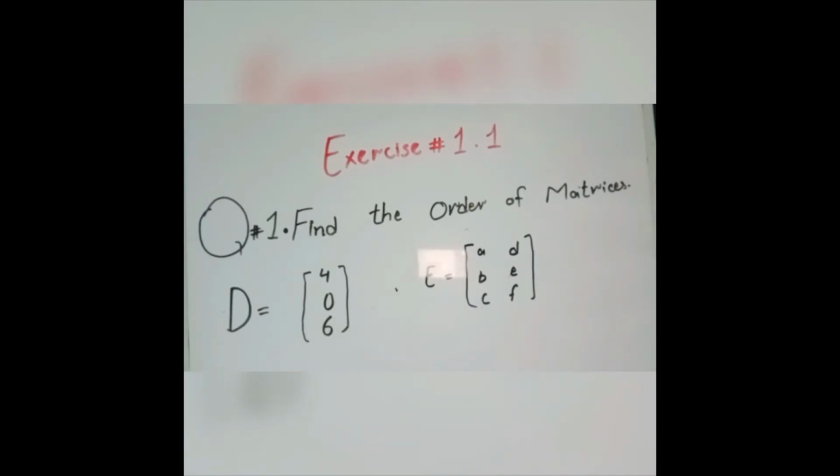D matrix is equal to 4, 0, 6. In this matrix we have only one column, so we have 3 rows and 1 column. So the order of the matrix is 3 by 1. In E matrix we have 3 rows and 2 columns, so the order of the matrix is 3 by 2.